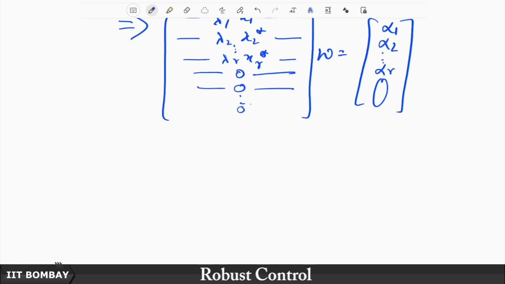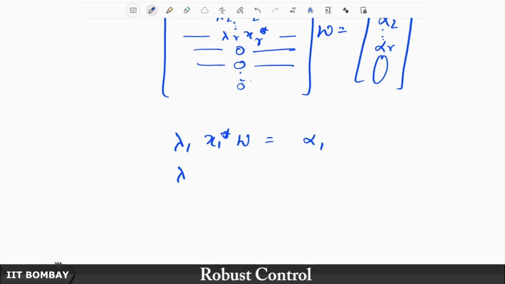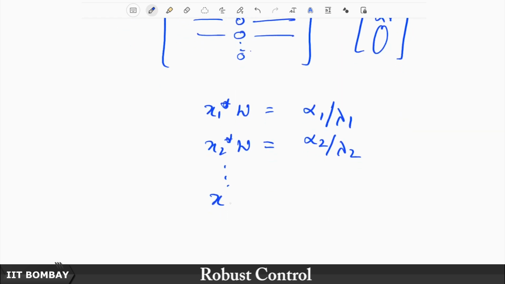So, all that you need to solve for is lambda 1 x1 star w is equal to alpha 1, or rather you can divide it out by these lambda: x1 star w is equal to alpha 1 by lambda 1, x2 star w is equal to alpha 2 by lambda 2, and then xr star w is equal to alpha r by lambda r.